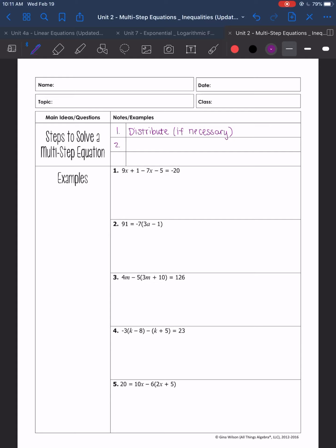Then we will combine like terms. And then we will solve.